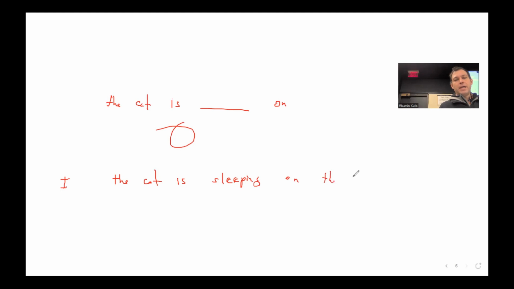So I have "the cat is sleeping on", like that. You see that? So this is the input. This is the neural net, the transformer. And the output is "the cat is blank on", and then I could say "the bed".